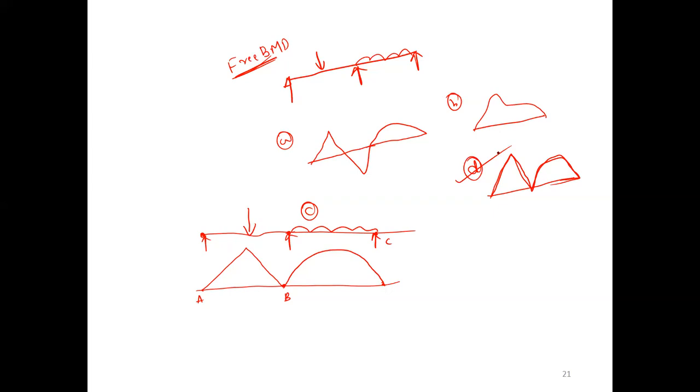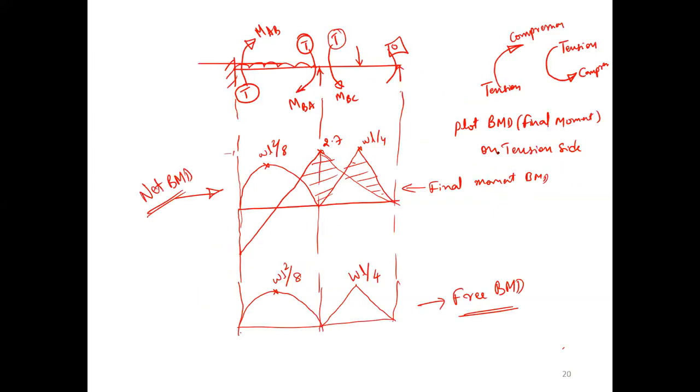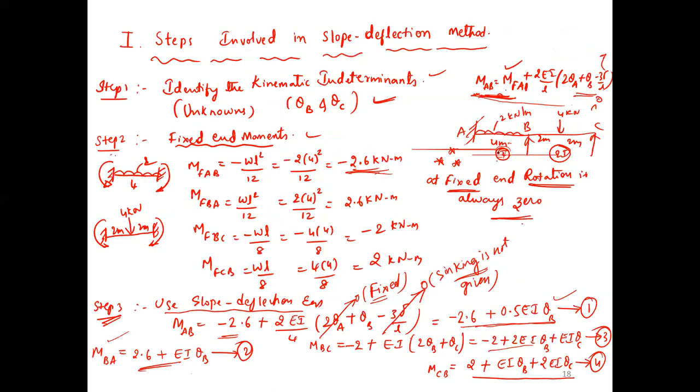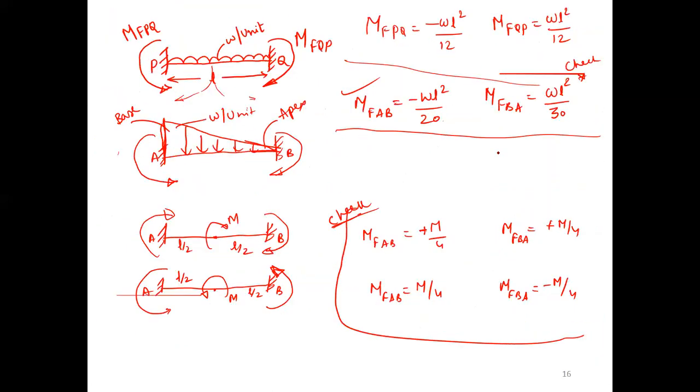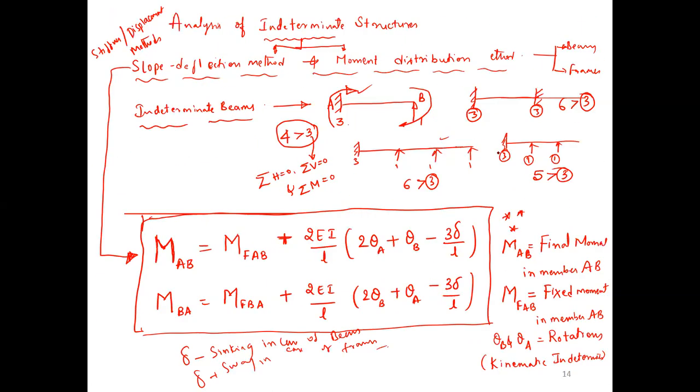Okay. Now we are coming to the conclusion that we solved one problem fully, and also we discussed so many things in today's class. FEM, what is FEM, what are rotations, what is stiffness, all these things we discussed. Very, very important concepts. Yesterday I just briefed what is meant by static and kinematic indeterminacy.